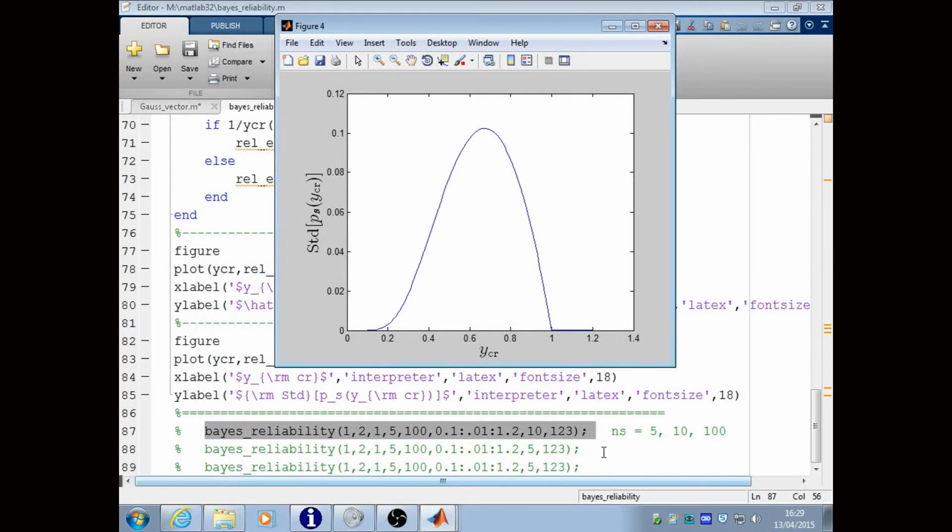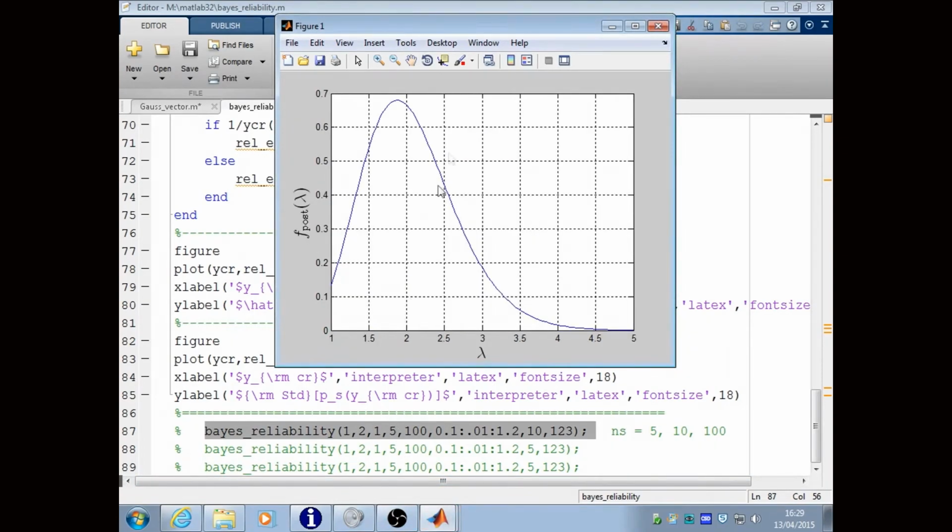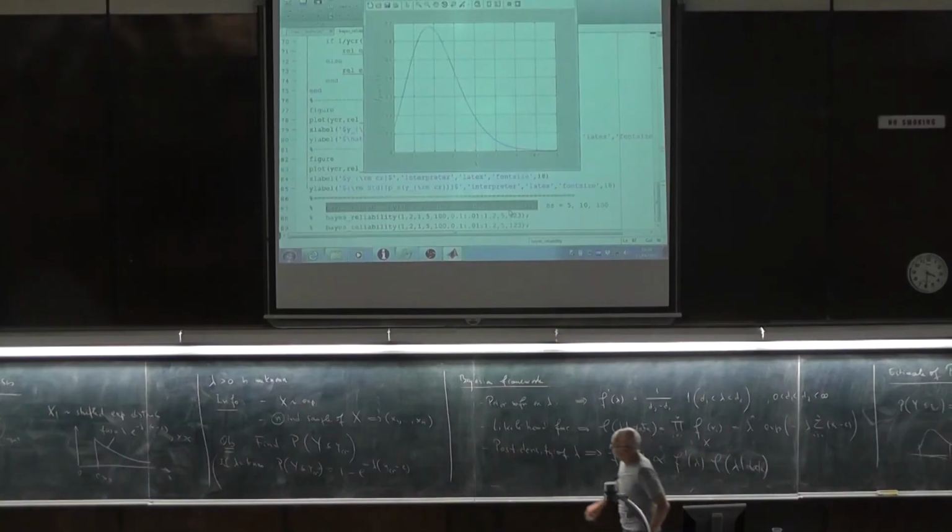Okay, lots of plots. Let's go one by one. That's the posterior density. In this case, I use 10 samples. Can you see where the arrow is? That's the number of samples. I use 10 samples, that is, n here is equal to 10.